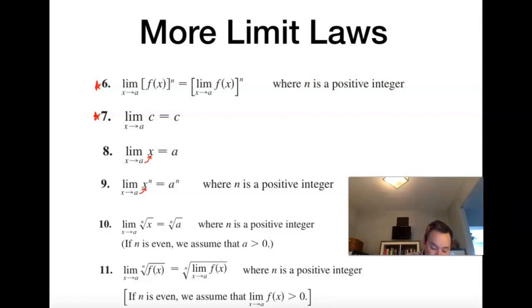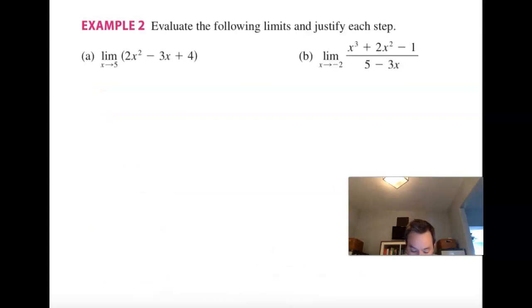And then number 10 is just an extension of that. And number 11 is just an extension of 10. Okay, so if you need to, just pause this, get these written down in your notes, and we're going to move on to the next example.